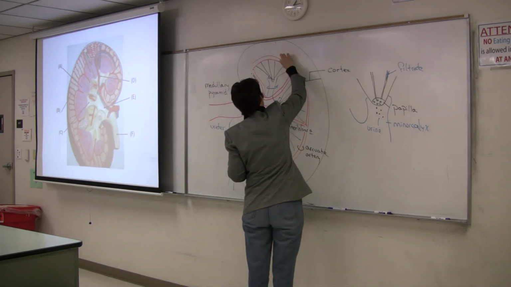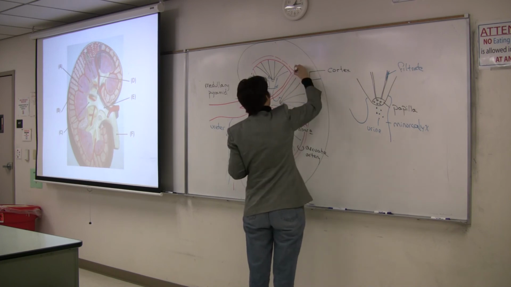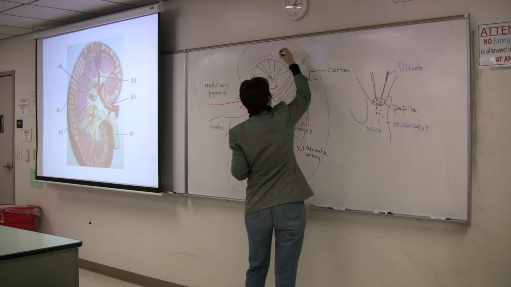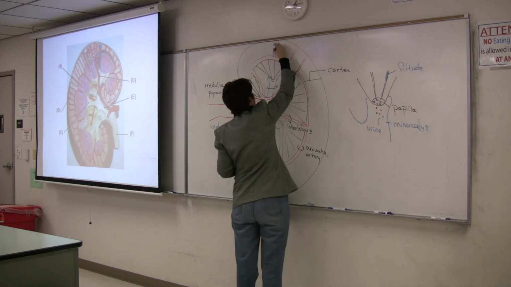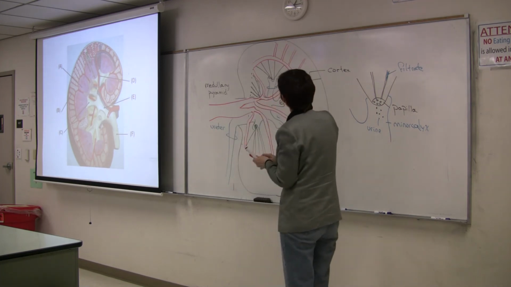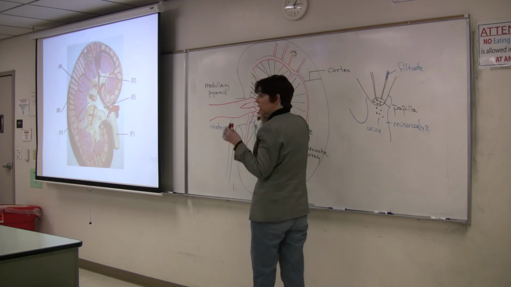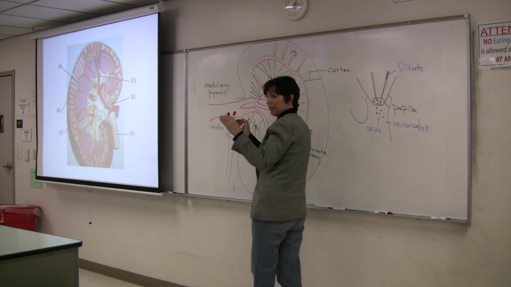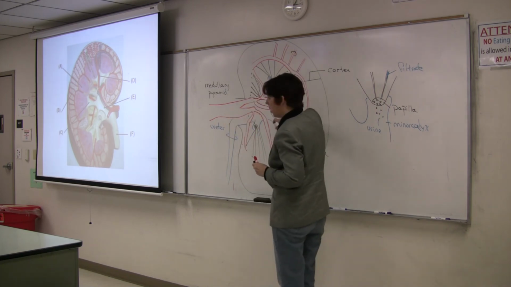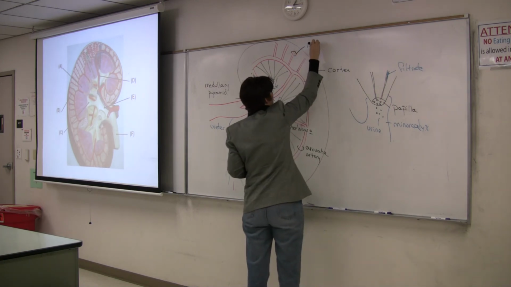From each arcuate artery, we have straight vessels that extend at right angles out into the cortex. So these are known as interlobular. A lobule is smaller than a lobe. So we have interlobar, and then we have interlobular.